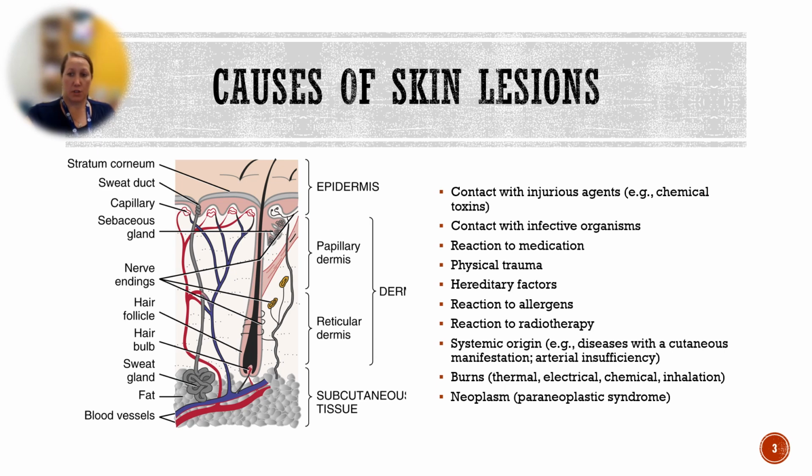When changes occur in the primary lesion, it becomes a secondary lesion. Examples can be scaling, thickening, crust, ulcer, a scar. These changes may result from many factors, including scratching, rubbing, medication, natural disease progression, or the processes of healing.